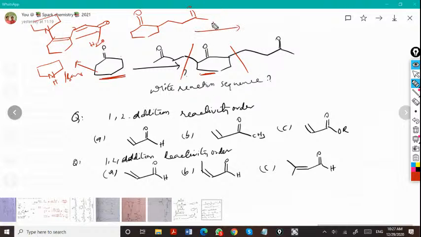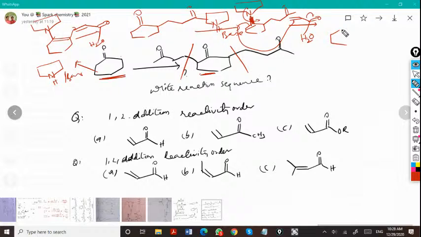If it is formed, and I repeat the same sequence, pyrrolidine with base, followed by hydrolysis, followed by attack of one more molecule of methyl vinyl ketone. If it attacks, it is going to form the enamine system of this, and if it attacks again, it is going to give one more Michael addition.